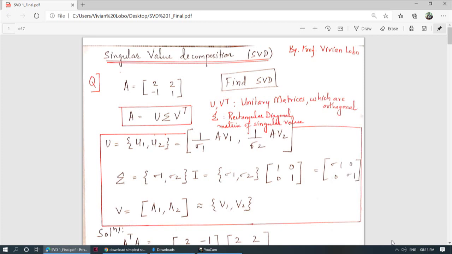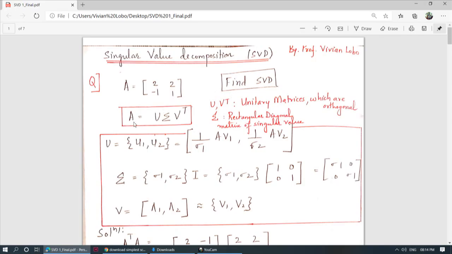So in this session I'll take an example of how a singular value decomposition matrix can be obtained. We have been given a 2 cross 2 matrix A, which is equal to [2, 2; -1, 1], and for this particular matrix we are supposed to find the singular value decomposition.